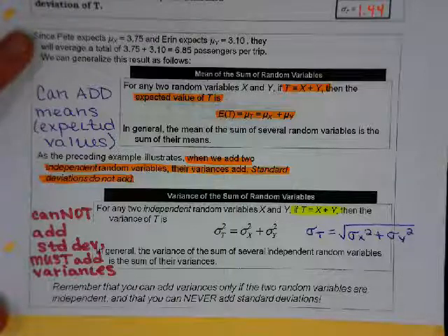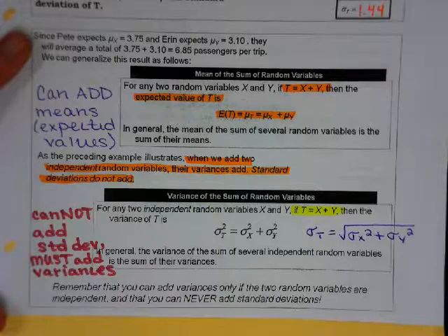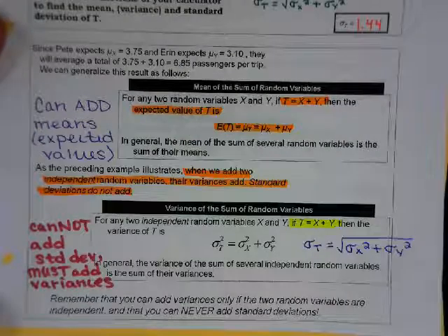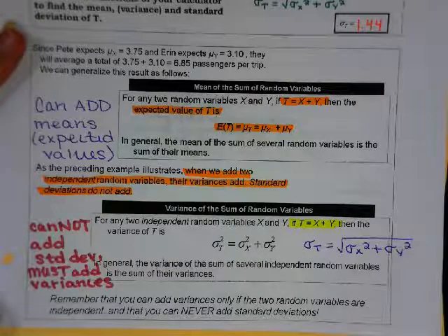And then of course, we don't always want to add two random variables. We might want to subtract them. So on the back, I have some generalizations about if we subtract variables.